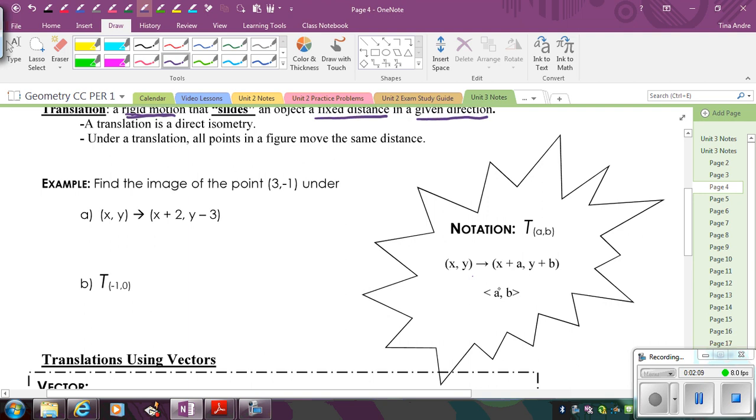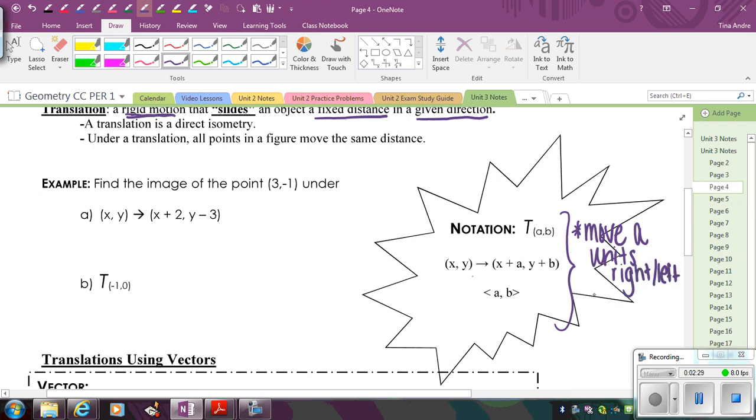First of all, off to the side here, let's just add: when you see A and B and all of these, what that means is you're going to move A units right or left. That's going to be your horizontal movement.